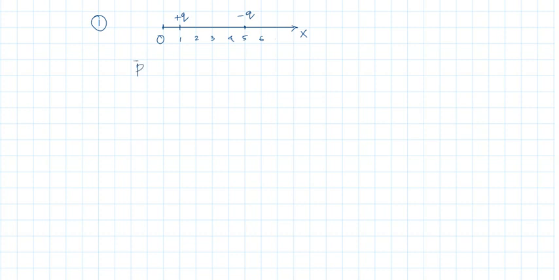Dipole moment P, as per definition, is i equal to 1 to n. Here you have two charges. So 1 to 2 qi ri vector. So here the first charge q1 is plus q. Its position vector is 1 i cap, it has length 1 and it is directed along i cap. So 1 i cap plus the second charge is minus q and its position vector is 5 i cap.